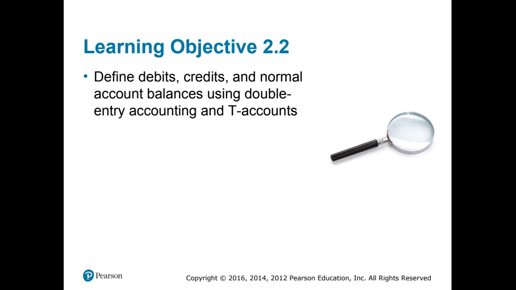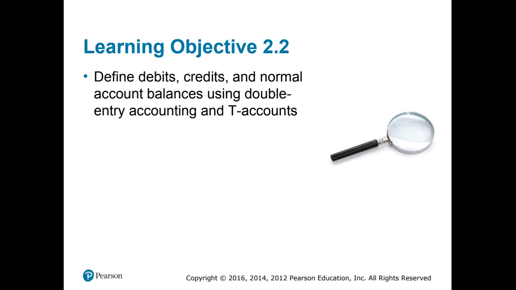So if we're increasing a liability, how do we increase the liability? If an asset increases by moving left, then the liabilities and the equity accounts, equity normally, these increase by moving away from the 0 as well to the right.